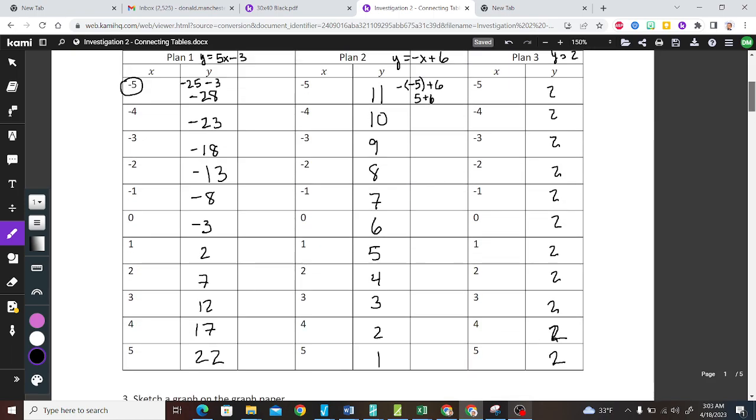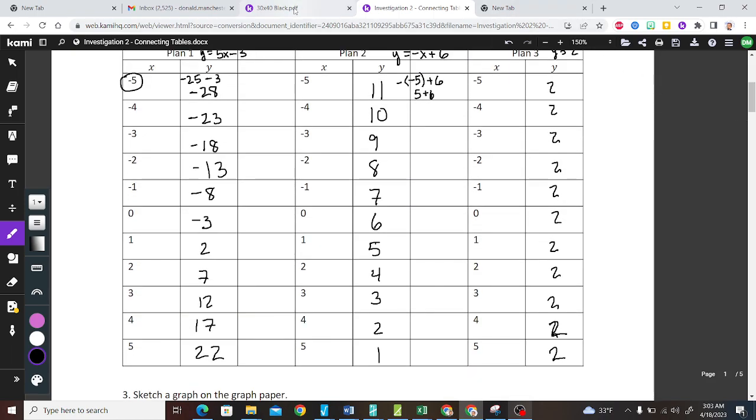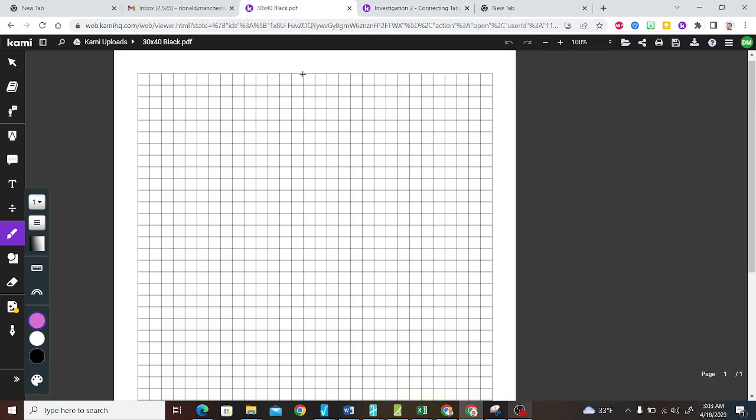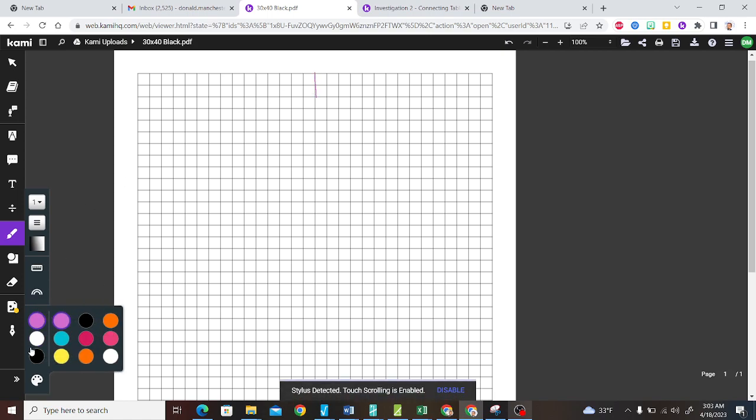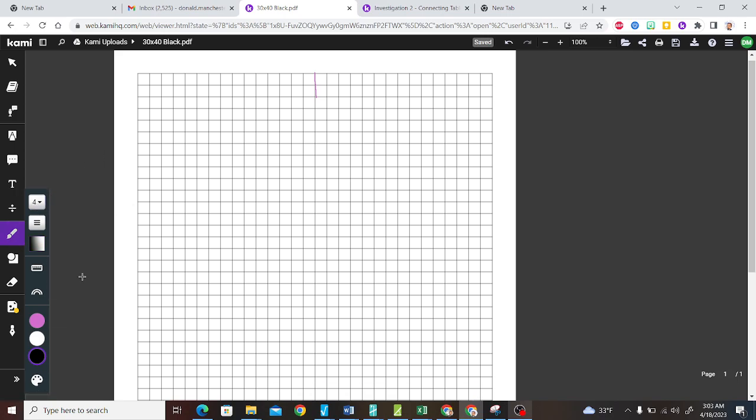Sketch on the graph paper. Okay, so here we go. We're going to make an axis. I'm going to do that in purple, and I think I want thicker stroke thickness. There we go. We're going to make a y-axis down the paper.